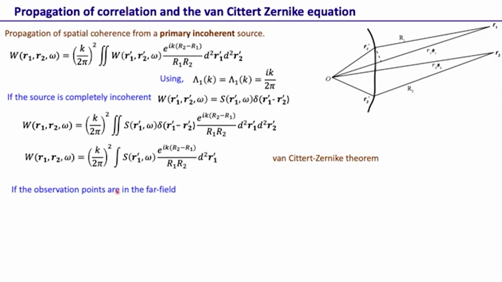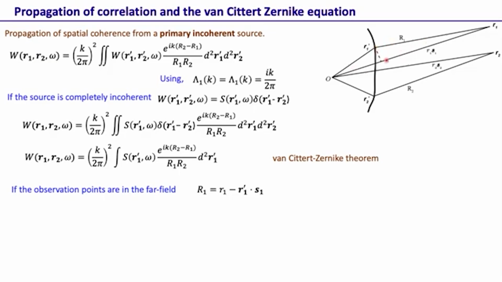Now consider the observation points r1, r2 in the far field. Of course this equation is for when these points are separated by any distance, but when these two points are far away from the source, we can approximate R1 as this distance, which is just the perpendicular onto this line.